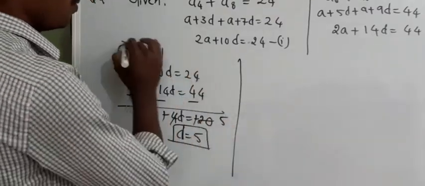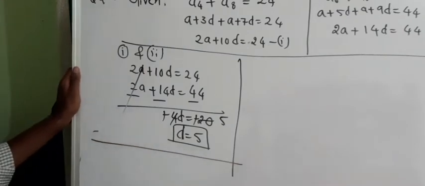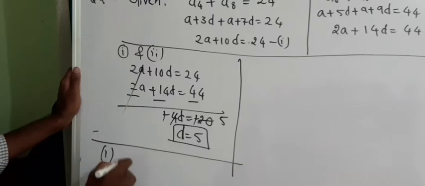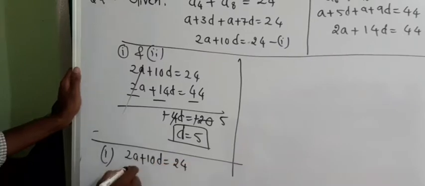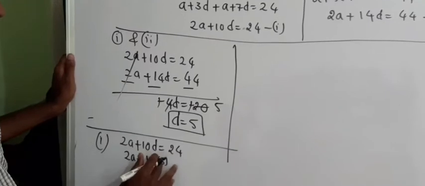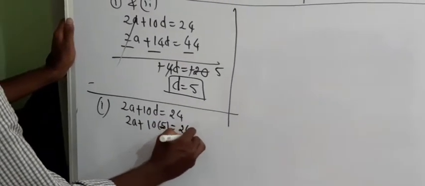Now what will I do? I will consider equation 1 to find the value of A. That is 2A plus 10D is equal to 24. 2A plus 10 into 5 is equal to 24.